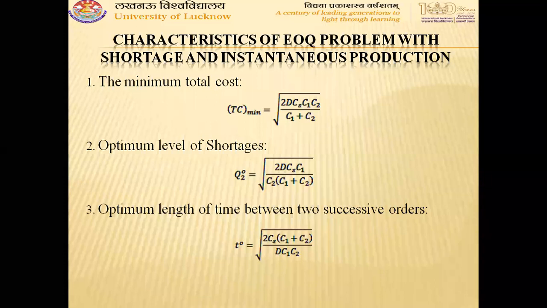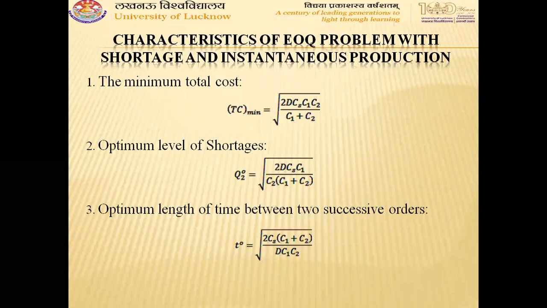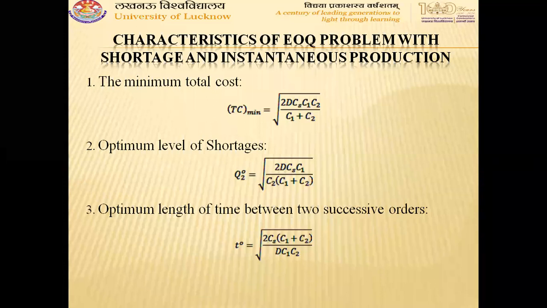Now the second characteristic is the optimum level of shortages, that is Q2 naught. Q2 naught can be easily obtained by using Q is equal to Q1 plus Q2, but due to the square root the subtraction is quite difficult.